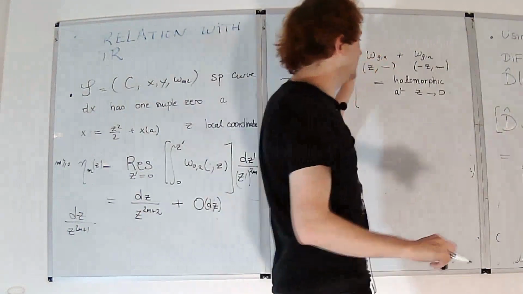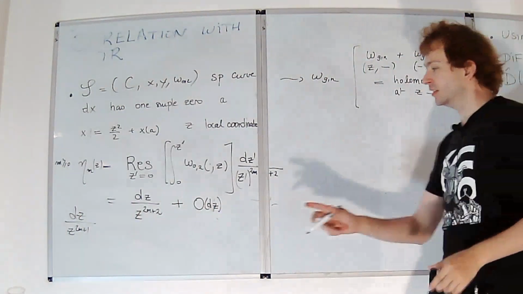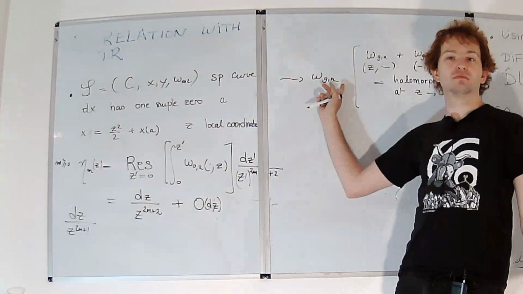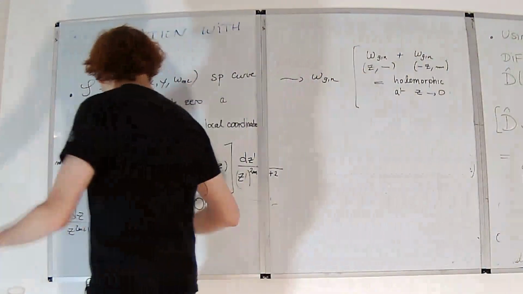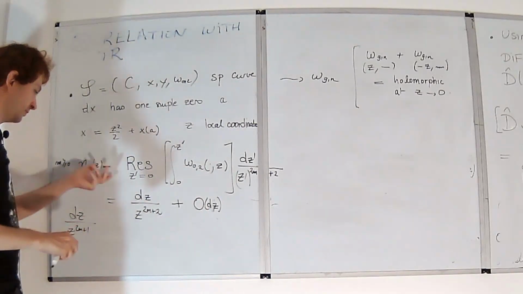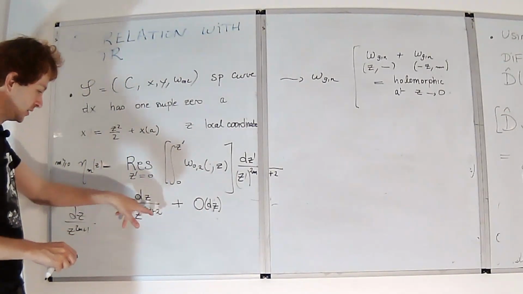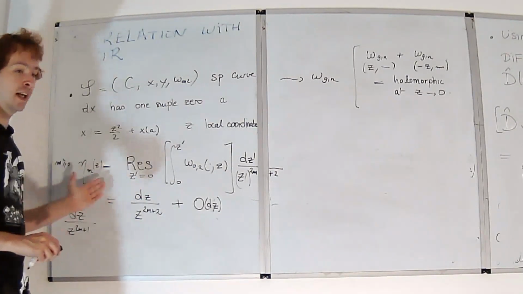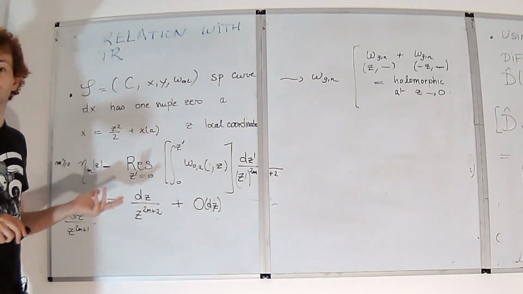So the omega g,n are not going to have any of those because of this property. So you could say, well, it must decompose on a basis of differentials that have poles of even degree. And I exhausted everything here because I just have one ramification point.